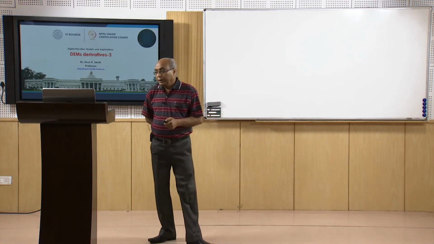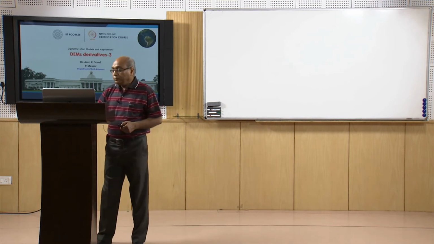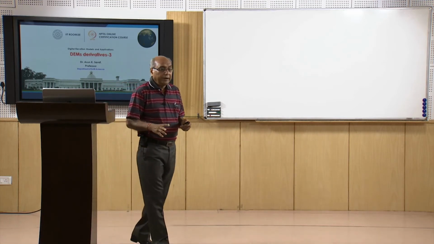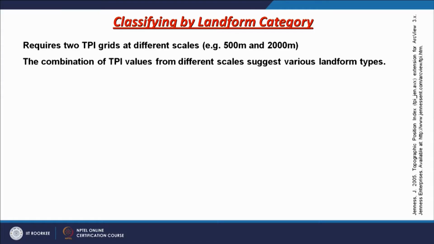To classify by landform categories, we require 2 TPI grids at different scales, for example a 500 meter and a 2000 meter search area. The combination of these TPI values from different scales will suggest various landform types.